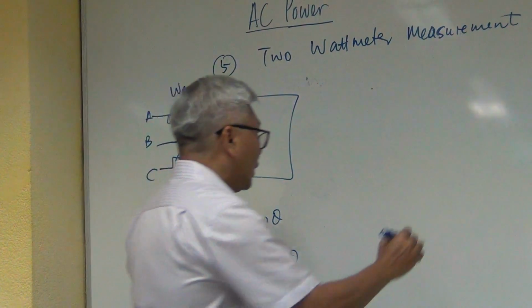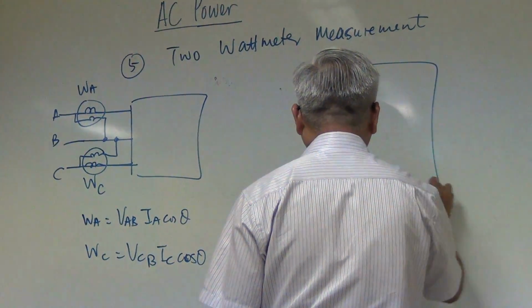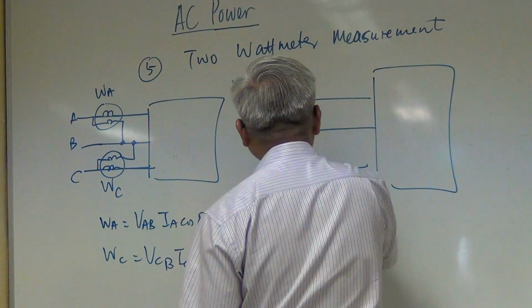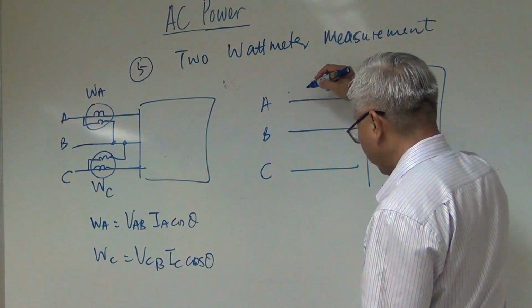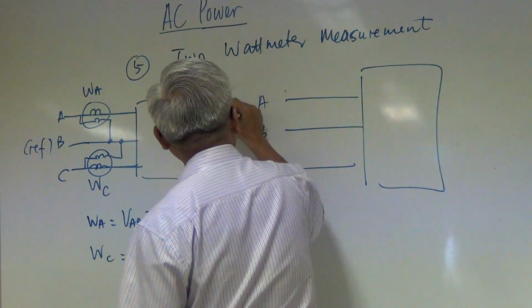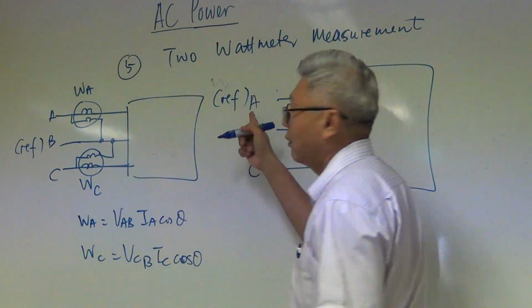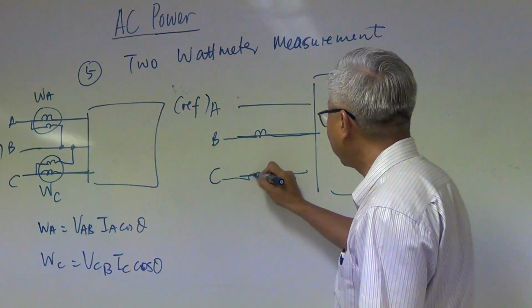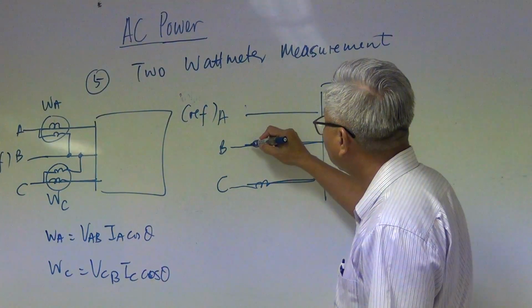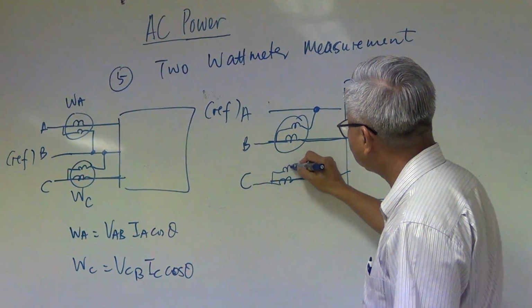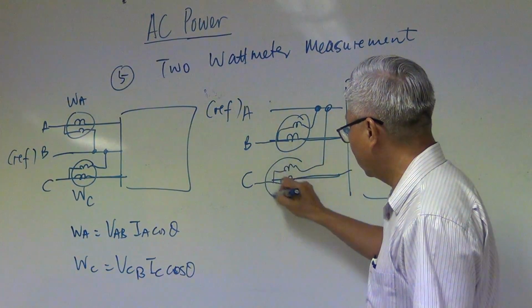Now what if in my three-phase system A, B, and C, I make A the reference now? Here B was the reference, so now I want A as the reference. If A is the reference, my wattmeters are now at B and at C. The voltage coil goes to the reference point.